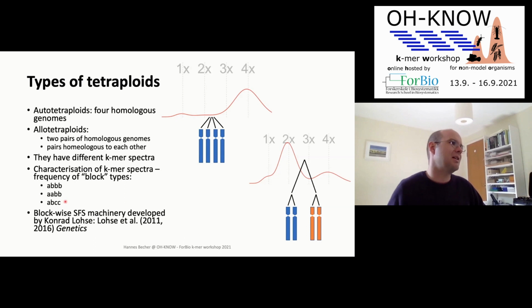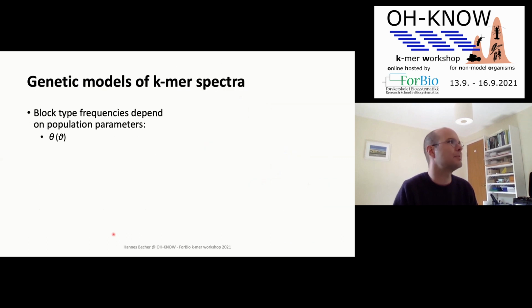I won't go into detail here, but that's a mathematical and algorithmic framework developed by Konrad Lohse, who did his PhD in Edinburgh and is now a PI here, in 2 papers published in Genetics. It is much more versatile: you can use it to fit demographic histories and look at population data, but it's also very nice to use for K-mer spectra.